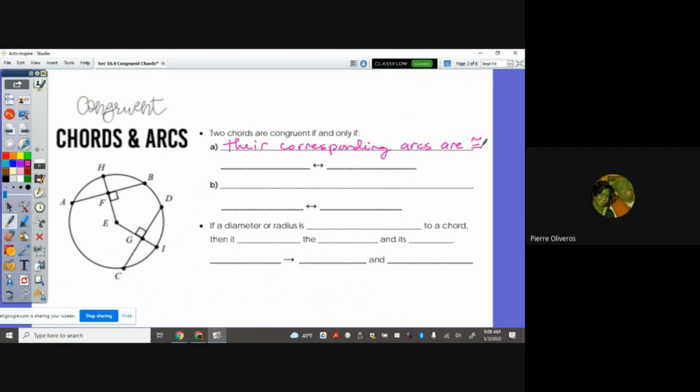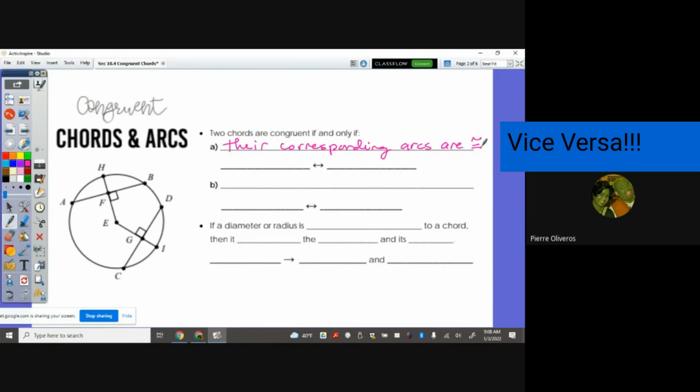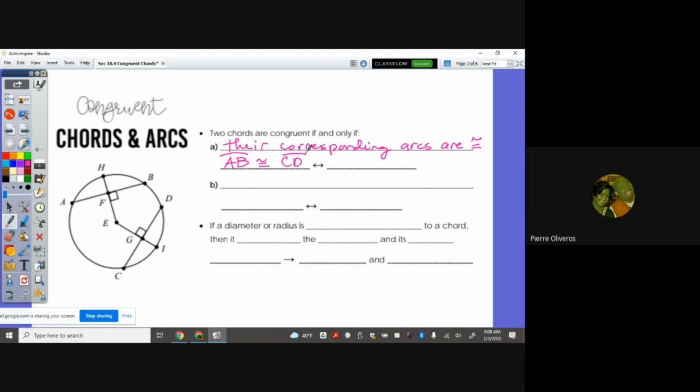So in the figure on the left, if arc AB is congruent to arc CD, therefore chord AB is congruent to chord CD.